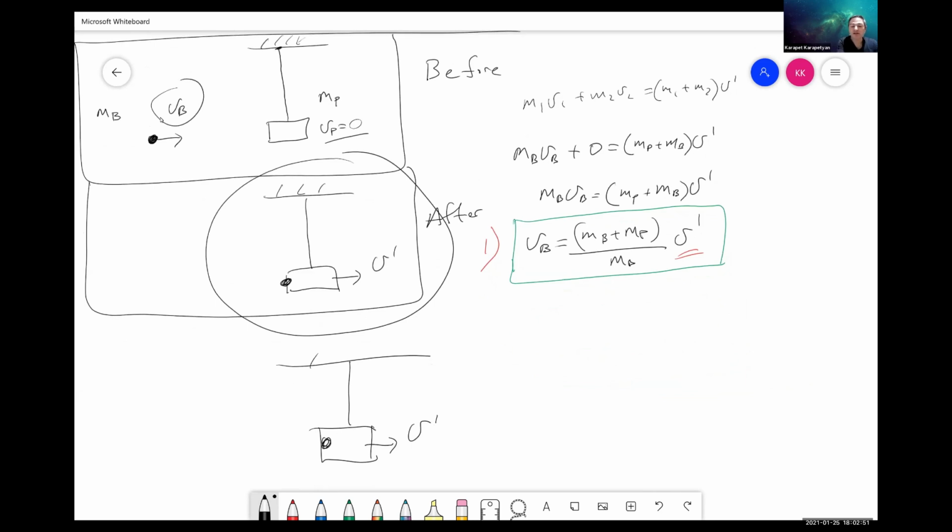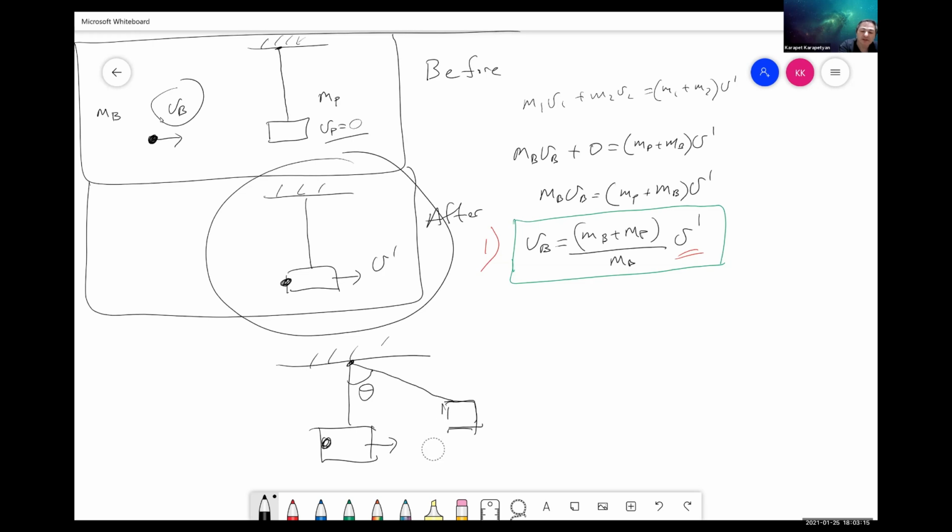Because the pendulum is fixed at this point, instead of moving to the right, it will allow the pendulum and the bullet to move through some angle theta with respect to this vertical line. So it's going to move like this, but then eventually it's going to slow down and stop when it reaches some height. It's going to stop and then come back down.